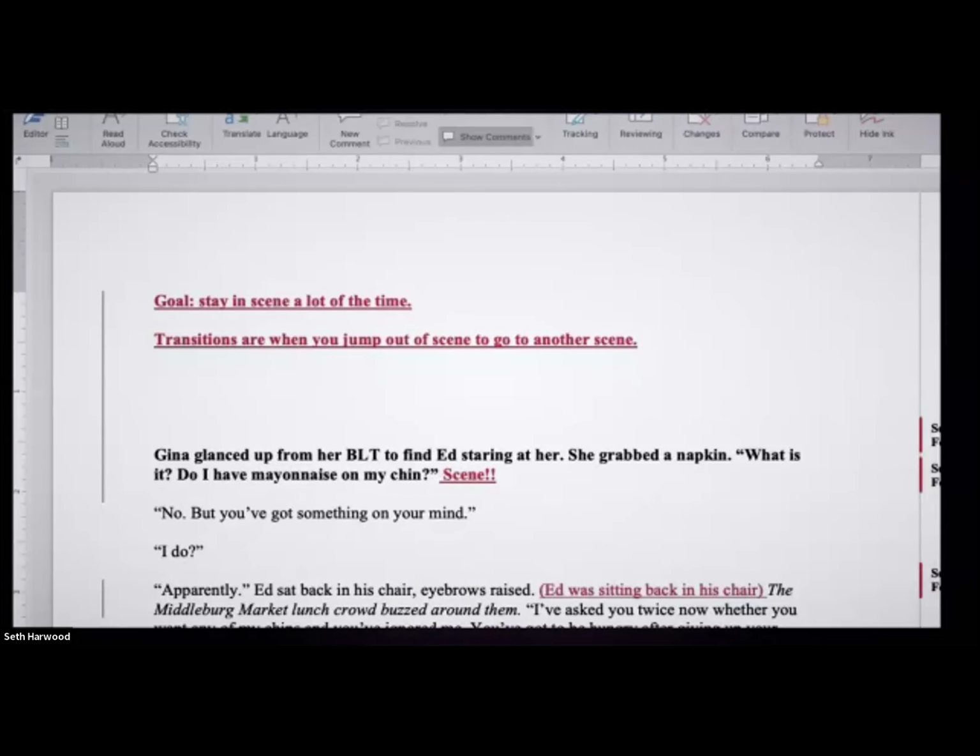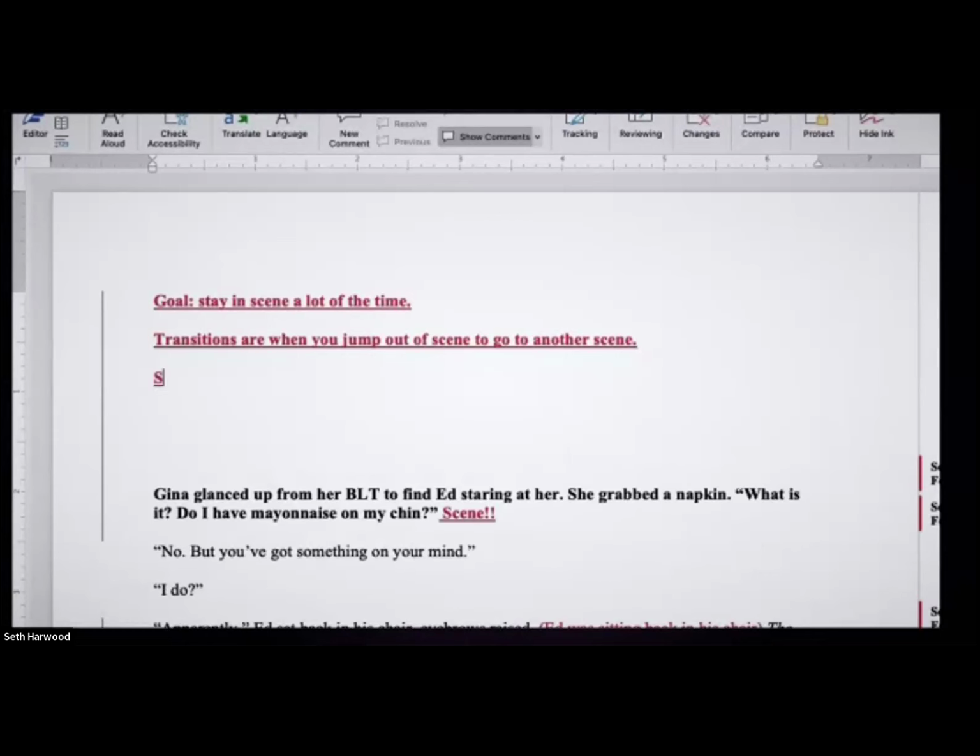So, what I would say here is, don't do transitions that much. Stay in scene is your goal and avoid doing transitions to a different time, POV, or setting more than once every 2 pages.